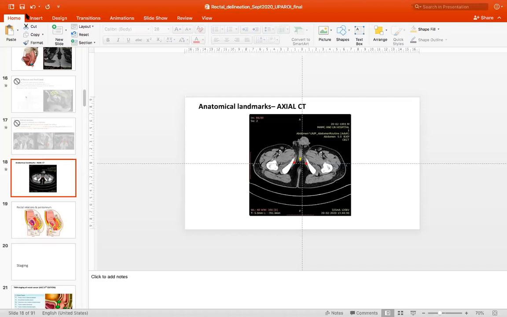Ma'am, somebody is asking a question: do we give ITV margins in all the patients? Yes, because if you're wanting to treat the mesorectum, even if you follow a bladder protocol, the bladder filling might change. So it will be subjective. So you have to give an ITV of at least 1 centimeter anteriorly. If you go by the studies, they have seen that 1 centimeter is sort of a compromise.